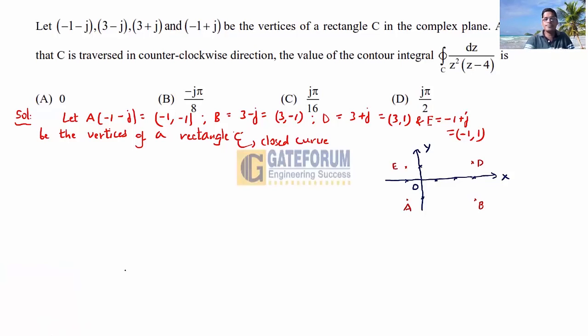You will be getting this rough sketch of the diagram, the rectangle.